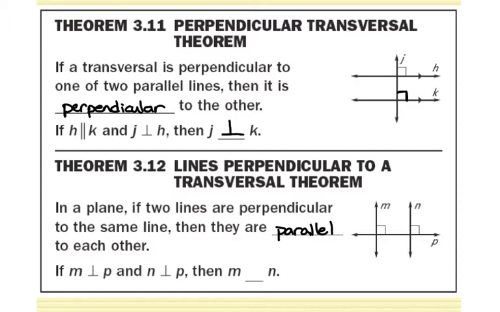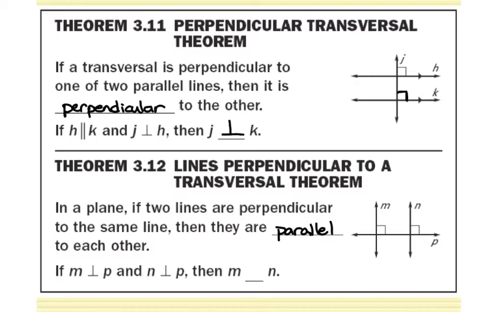So if we know that this right here and this right here are both 90-degree angles, because we know that they're perpendicular to this line down here on P, then these again are corresponding angles, and if these corresponding angles are congruent, then these lines must be parallel.